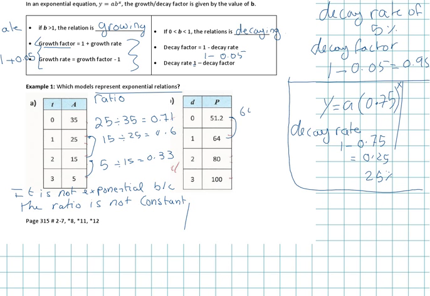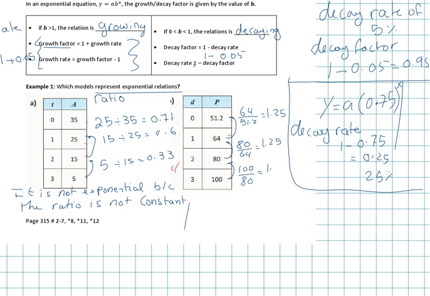And that is 1.25. 80 divided by 64 is 1.25, rounding to 2 decimal places here. And then 100 divided by 80 is 1.25. What can you tell me about this ratio?